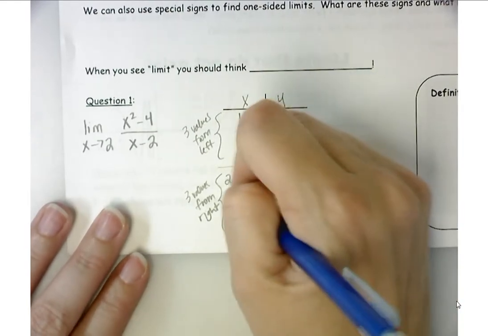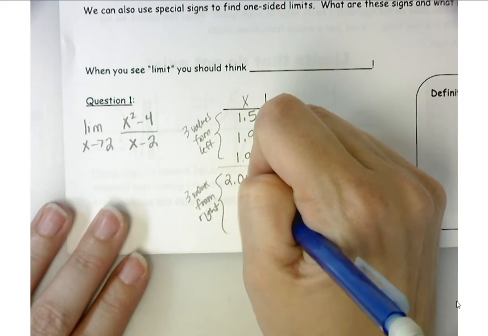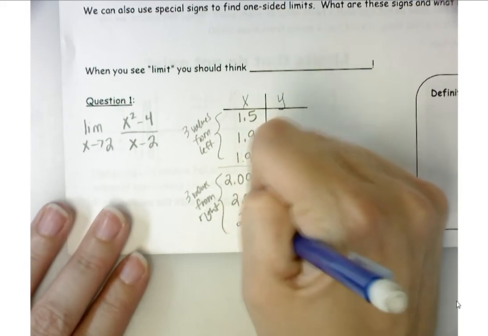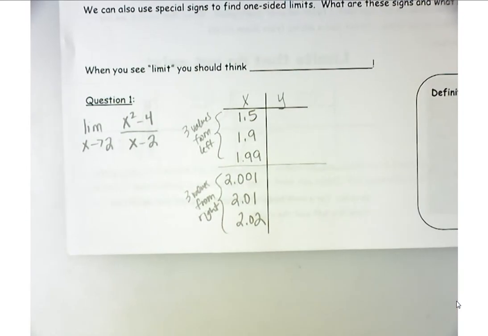So values that are close to 2, 2.001, 2.01, 2.02. Okay, and as we practice this many times today, you will get more comfortable with picking your own values.